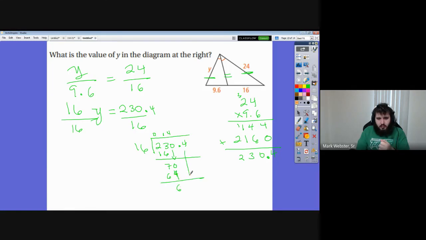Leaves us with, well, now it's exactly 4 times, right? So that's nice. So here y we get 14.4 exactly.